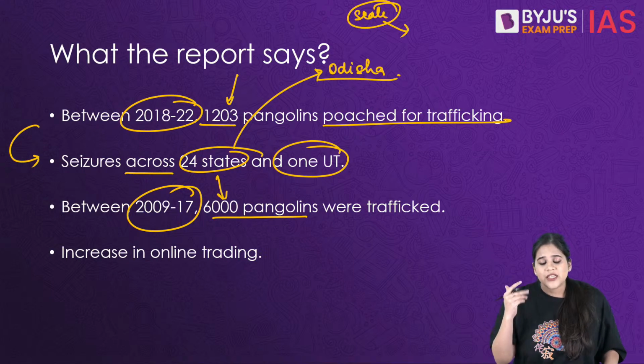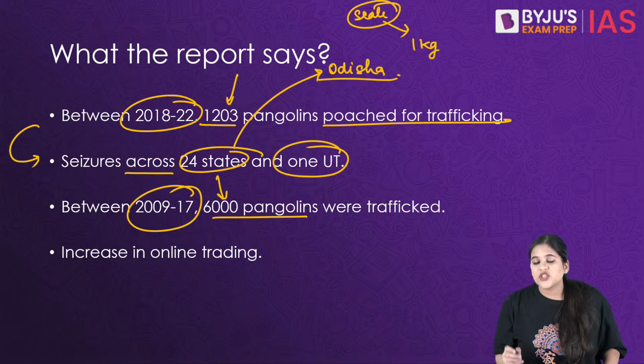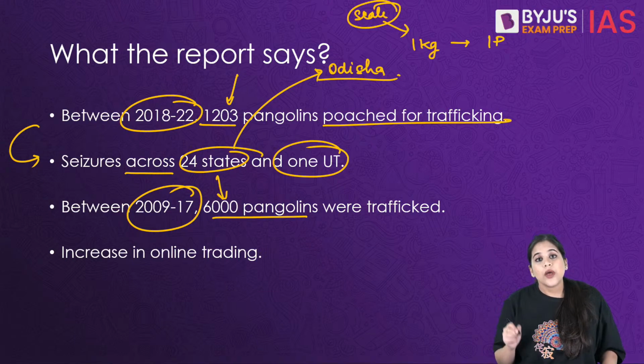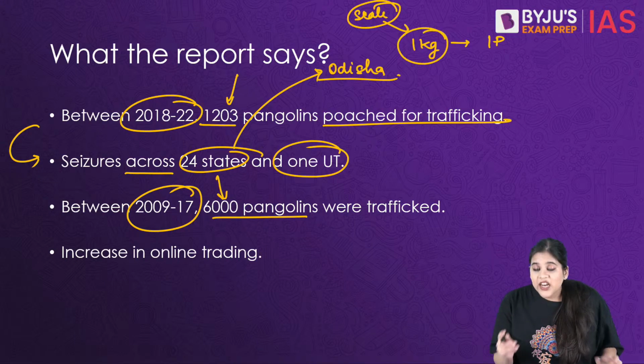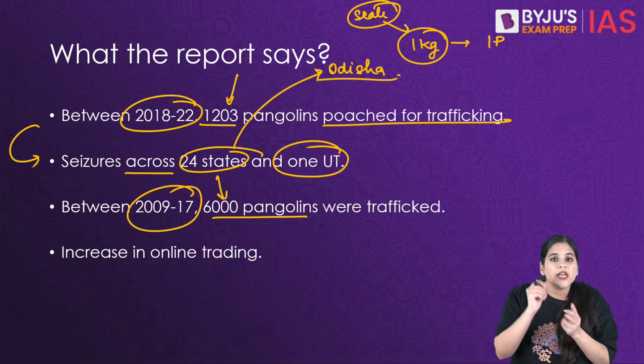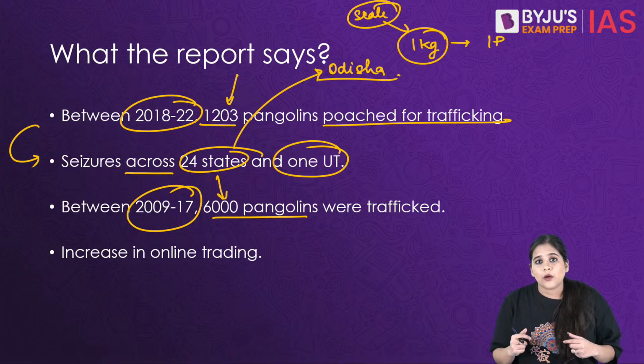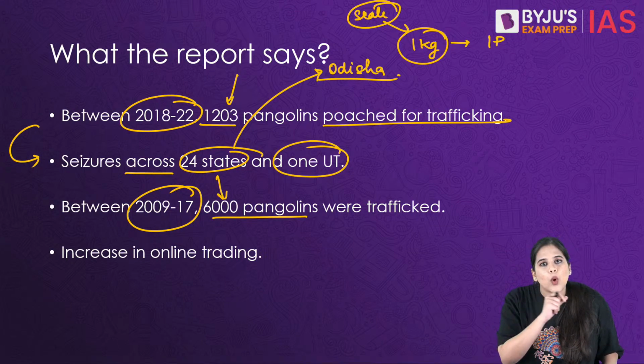For example, it is considered to get 1 kg of the scales, we have to kill 1 pangolin. However, if it is a smaller pangolin, it is not an adult pangolin, or it is a Chinese pangolin and not an Indian pangolin, then the amount of scale that we get from it is less than 1 kg.